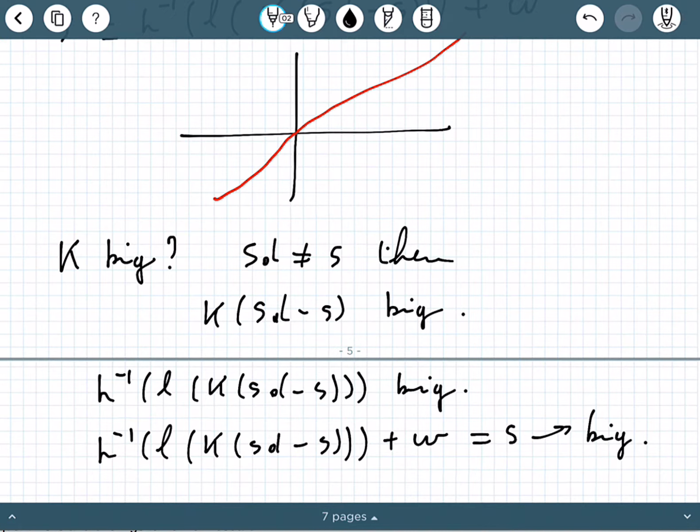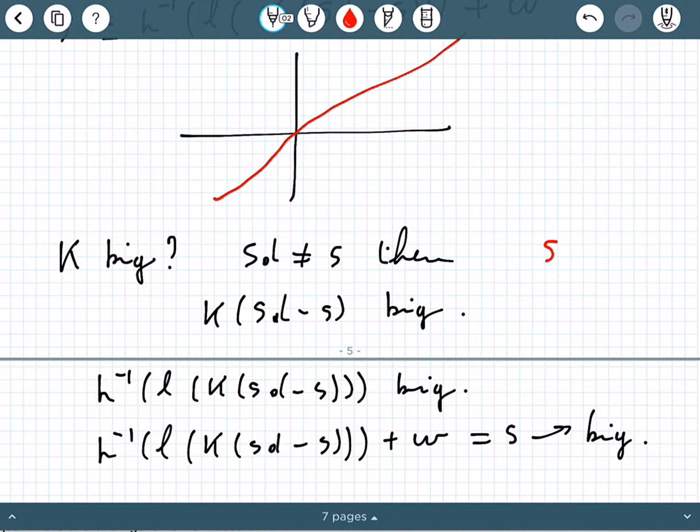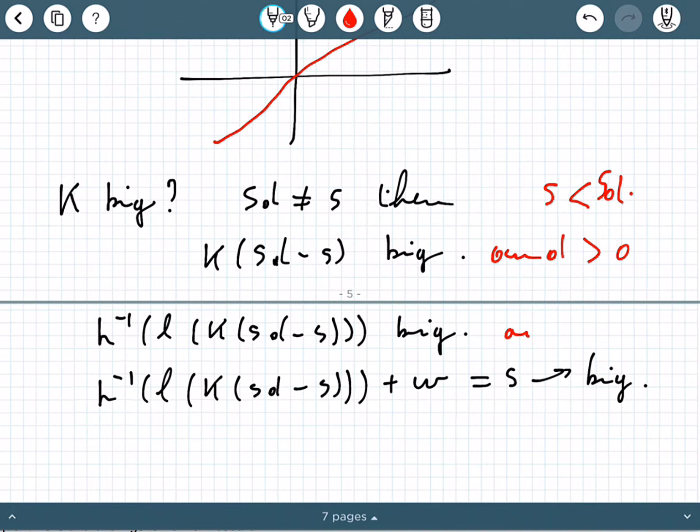So let us make this slightly more quantitative. Let's say that S is less than SD, then K times SD minus S becomes big and positive, which makes this thing big and positive, which makes S big and positive.